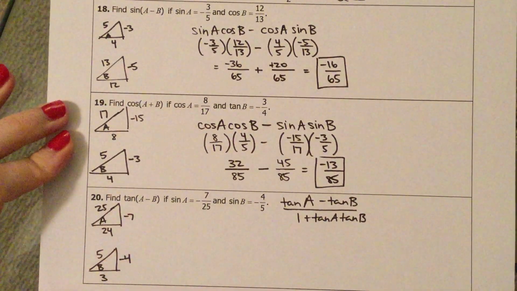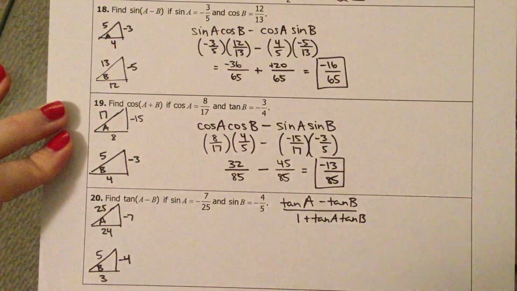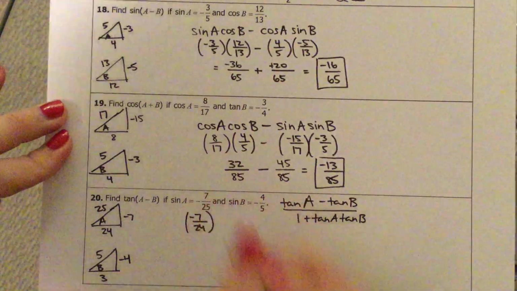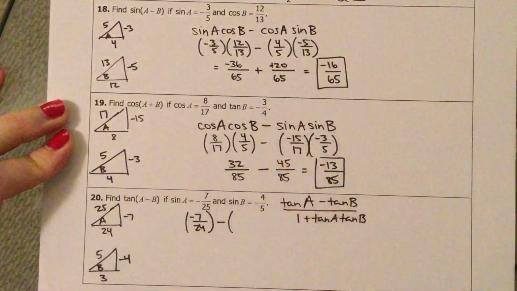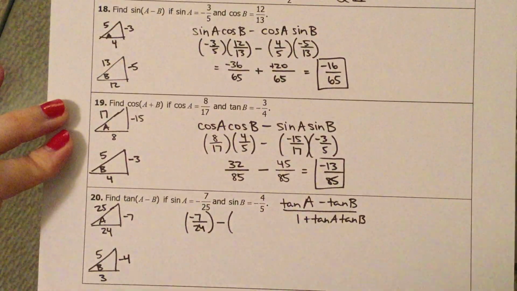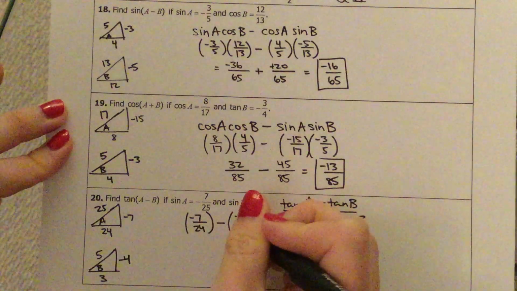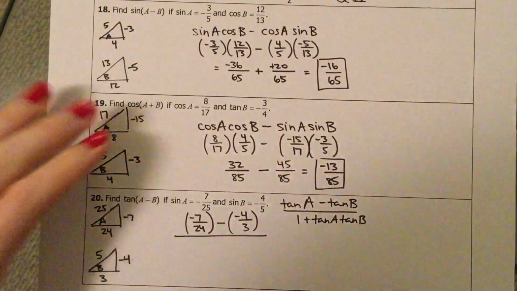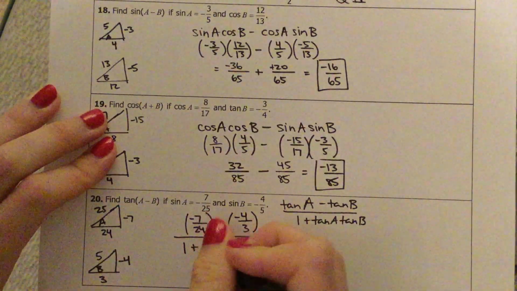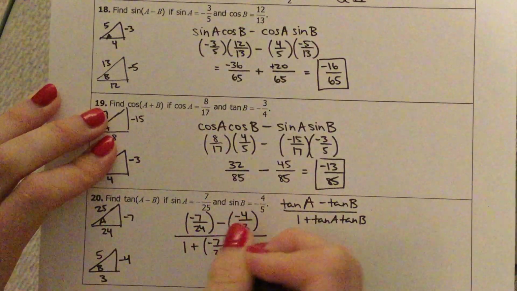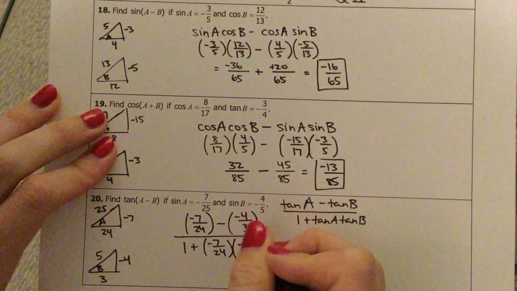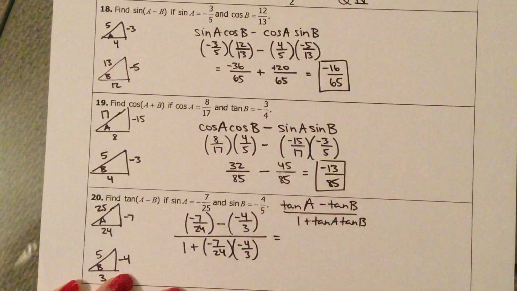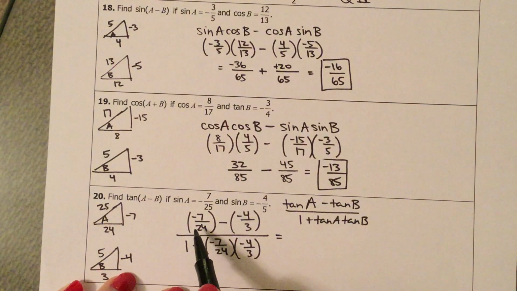So let's fill in those pieces. So tangent of A, tangent is opposite over adjacent, minus tangent of B, again, opposite over adjacent, over 1 plus, and then these same two values multiplied this time. Okay, so let's combine everything up here. For this one, we need a common denominator.